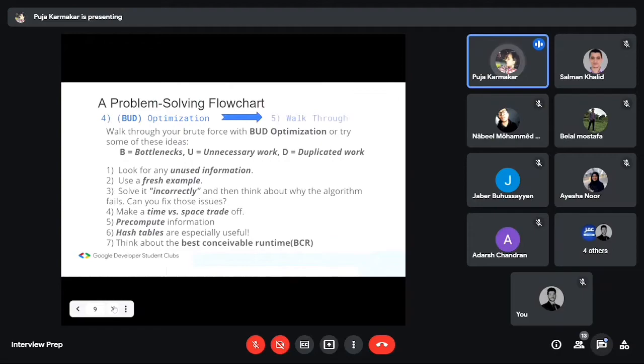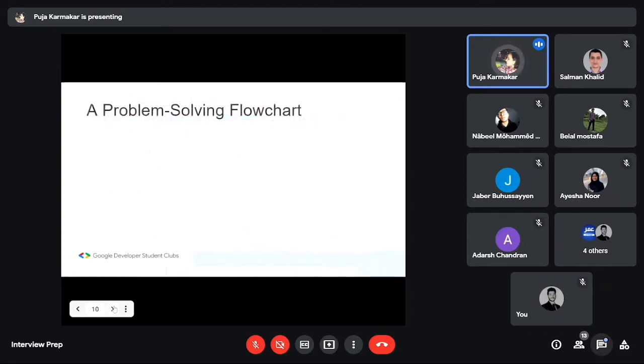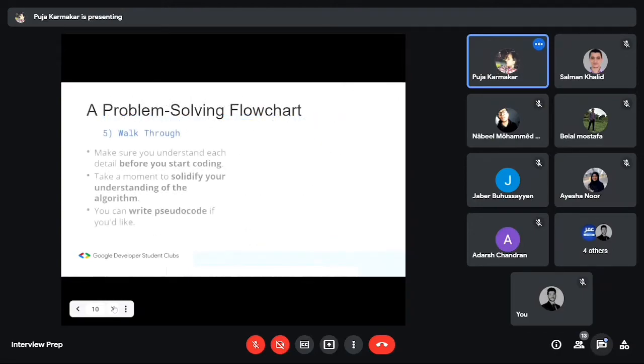The next topic is walking through. What do I mean by walking through? Make sure you understand each detail before you start coding. Many candidates make the mistake of listening to the problem and starting to code. You should be aware that the first step after seeing a problem is not starting the code.